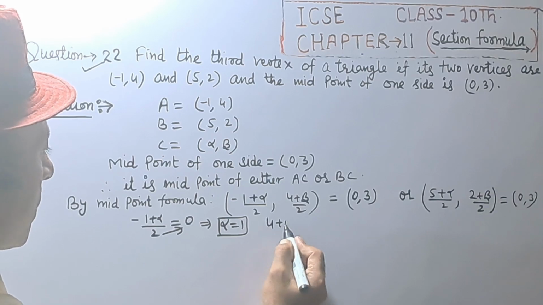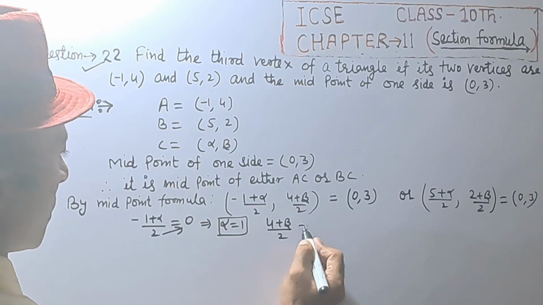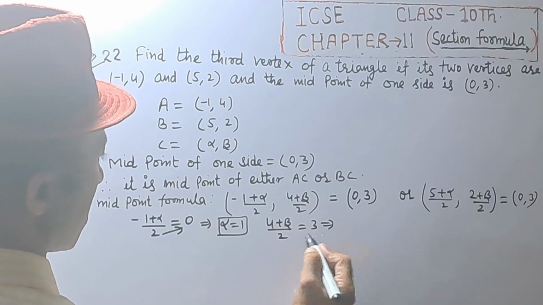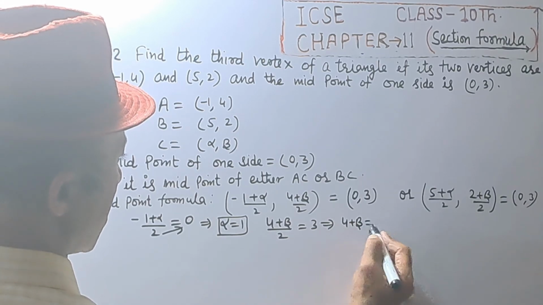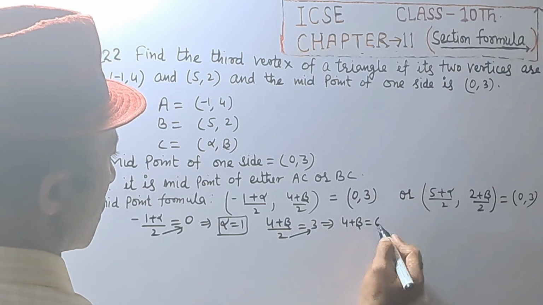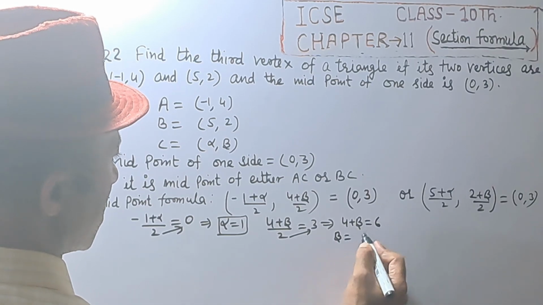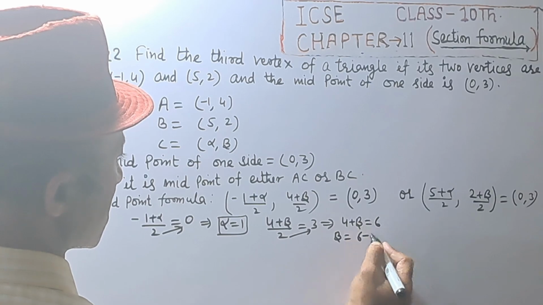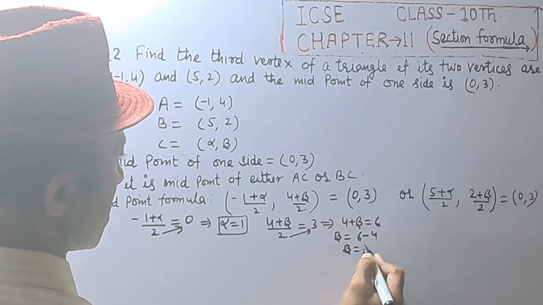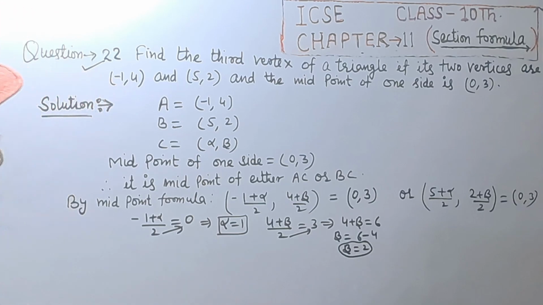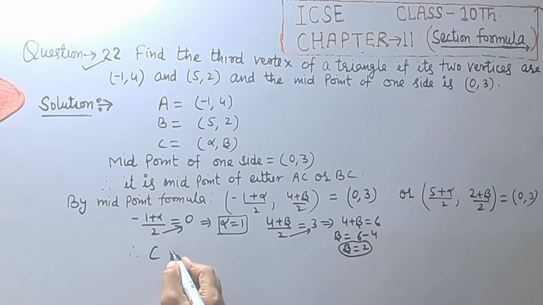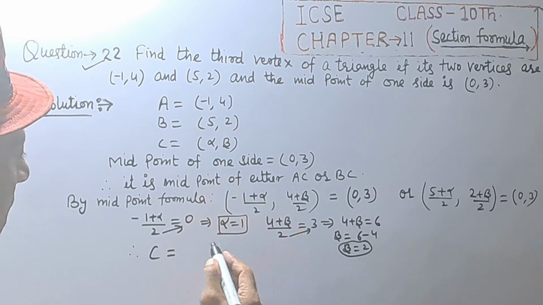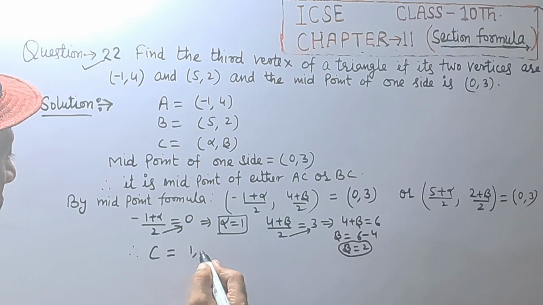And (4 + beta)/2 = 3, which implies 4 + beta = 6, since 2 threes are 6, and beta = 6 - 4 = 2. So the coordinate point of C is (alpha, beta) = (1, 2).